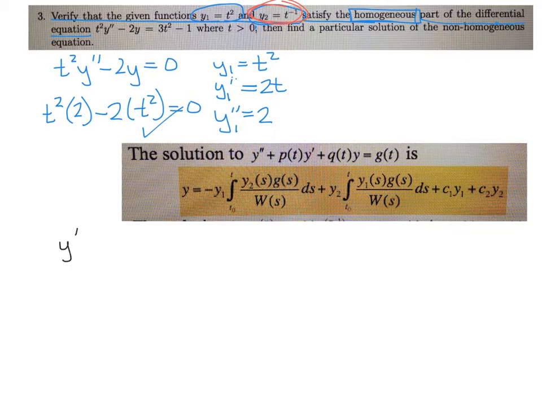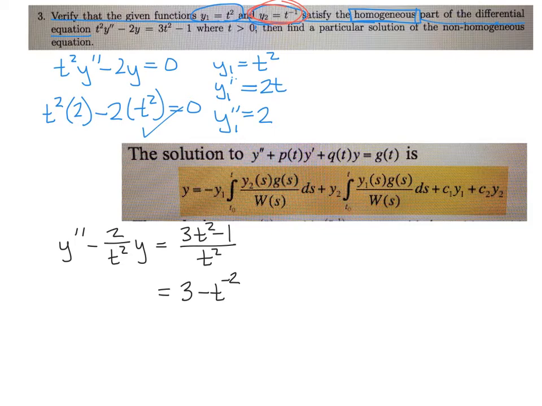So that's going to give us y double prime minus 2 over t squared y is equal to 3t squared minus 1 all over t squared. And that right-hand side, if I simplify it a little bit, this is going to help us later with our integration. That right-hand side is 3 minus t to the negative 2. So I divided t squared into both terms there.